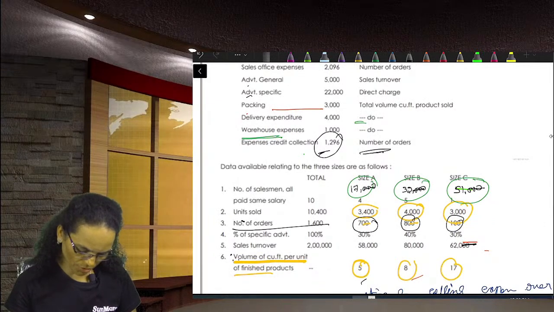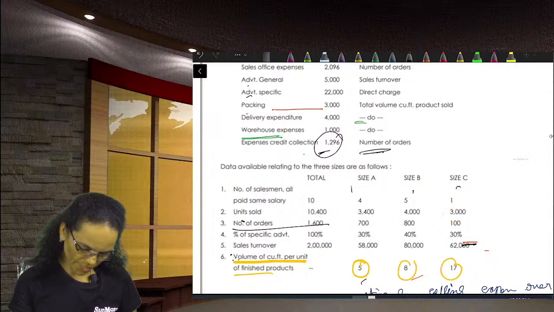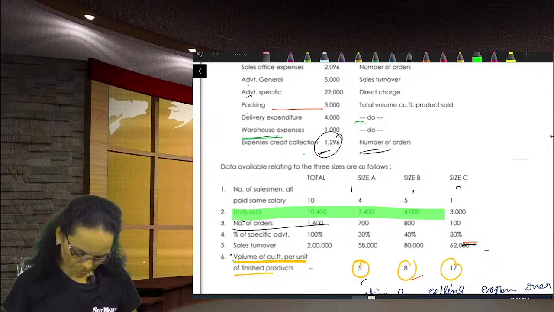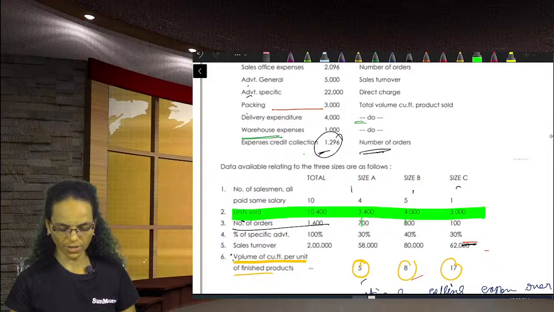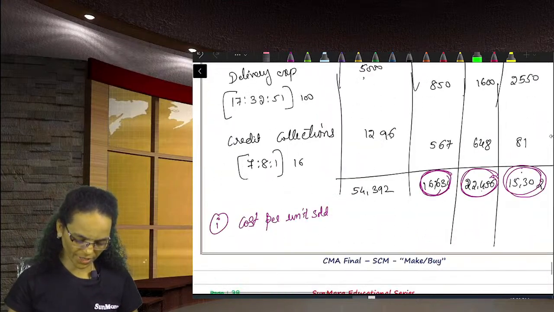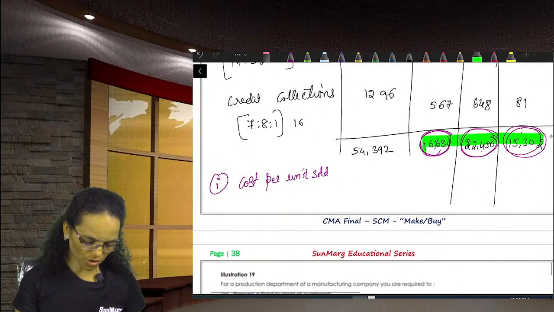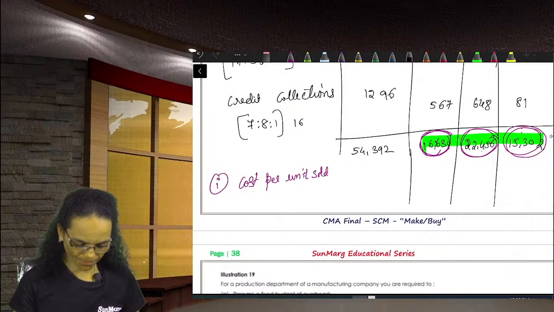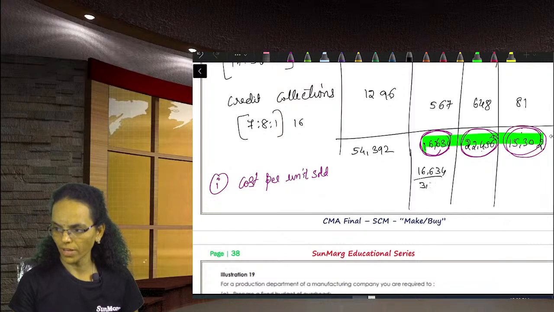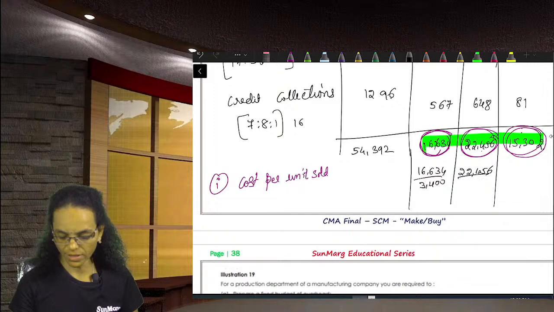Number of units sold 3,400, 4,000 and 3,000. And we incurred expenditure is this one. So cost per unit sold I can say 16,634 and 3,400 units we sold. 22,456 we incurred, number of units we sold 4,000. 15,302 we incurred, we sold 3,000 units.